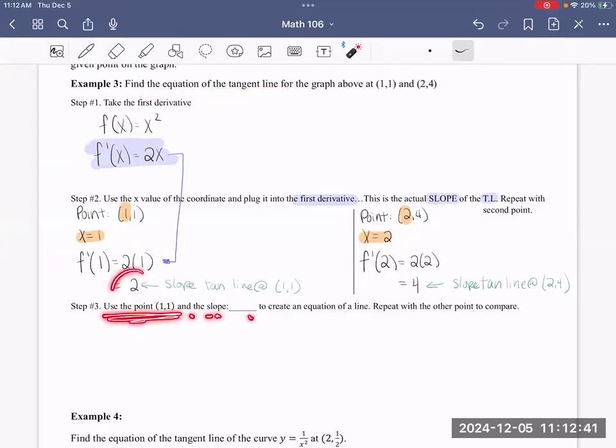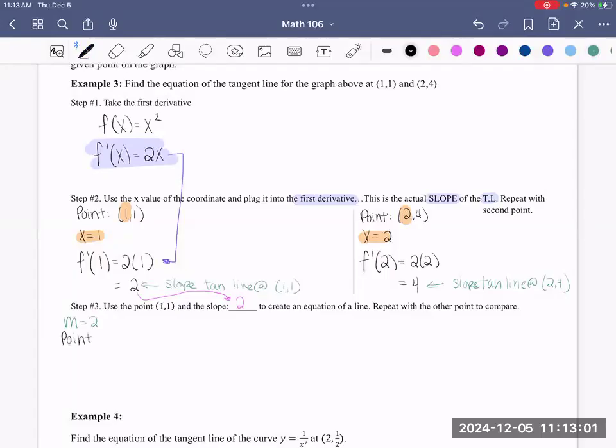In our case, our slope is 2, to create an equation of a line. So here we have your slope, m is equal to 2. We have your point, 1, 1.